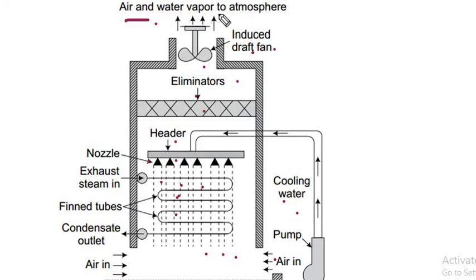It eliminates the air and water vapor to the atmosphere. Okay, the main function of the nozzle is to spray the water on the fin tubes. The fin tube exchanges the heat to the air and water.